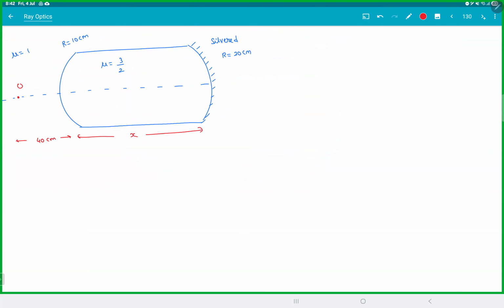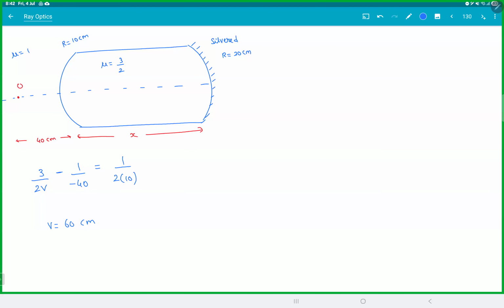First, do the refraction for the first surface. Mu2 is 3 by 2, v, mu1 is 1 by minus 40. 3 by 2 minus 1 is 1 by 2, by 10. That's 1 by 20 minus 1 by 40, so 1 by 40, v is 60 centimeters.